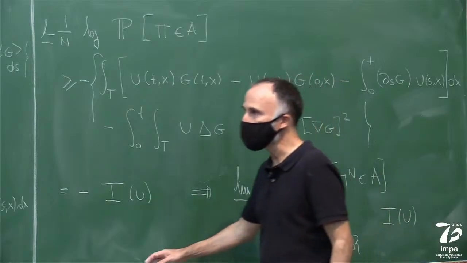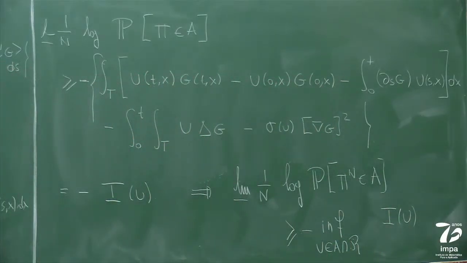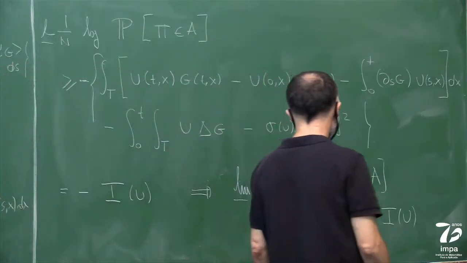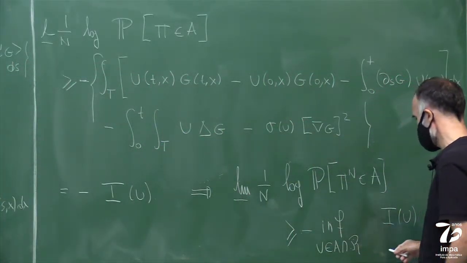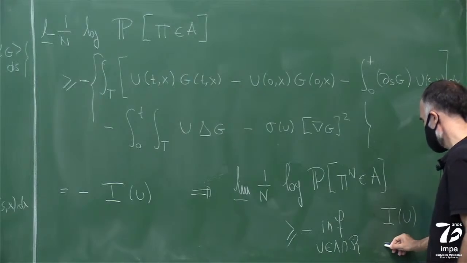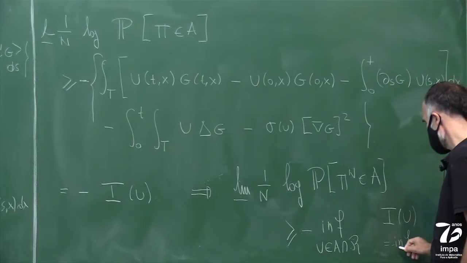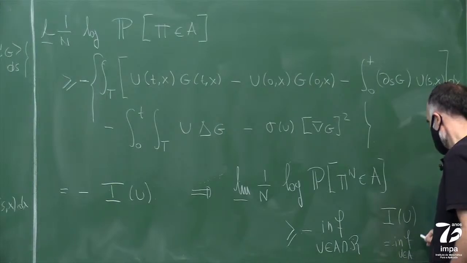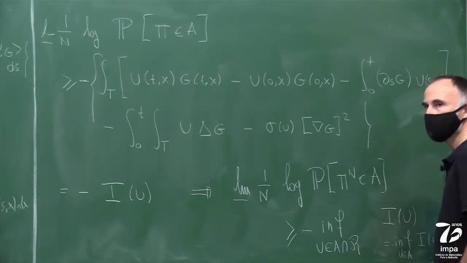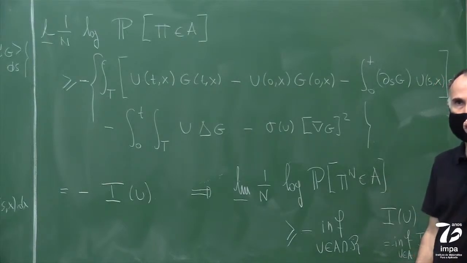So there is a technical step, which is this one. I want to say that this is actually equal to minus the infimum over all u in A of I of u. Okay?